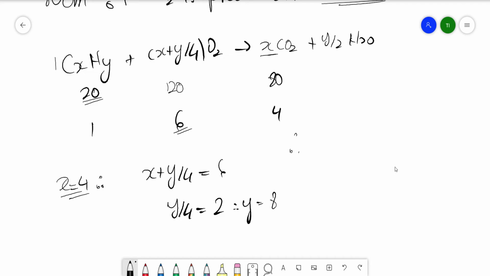And therefore the identity of the unknown hydrocarbon is C4H8, which is I think butene. Now where the double bond is we do not know, but the identity of this unknown hydrocarbon we determined by Avogadro's hypothesis. Now let's move on to a past paper question that I got.